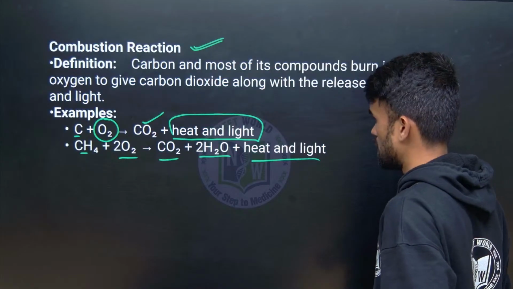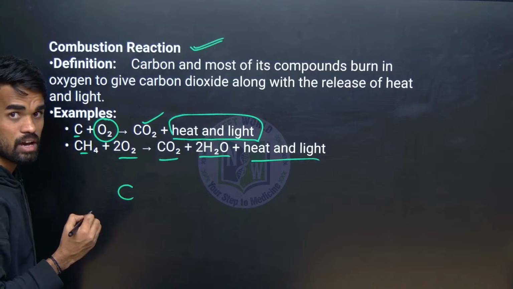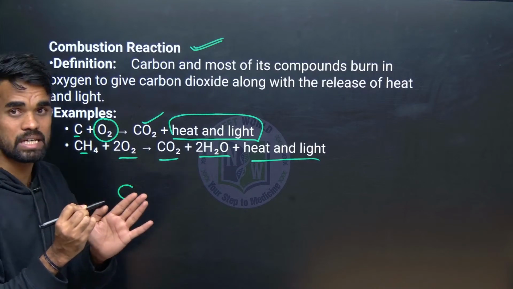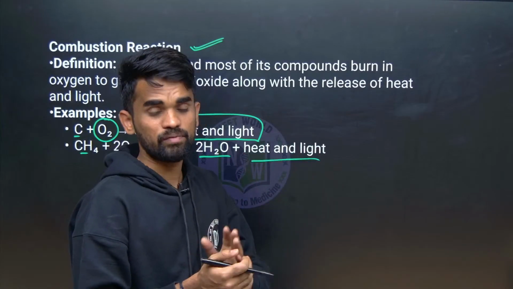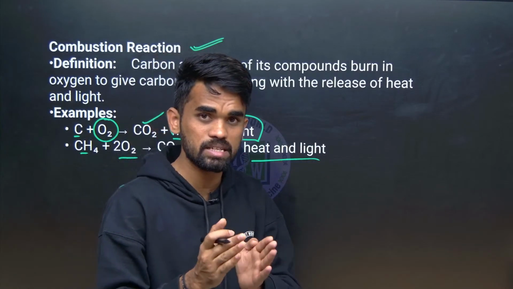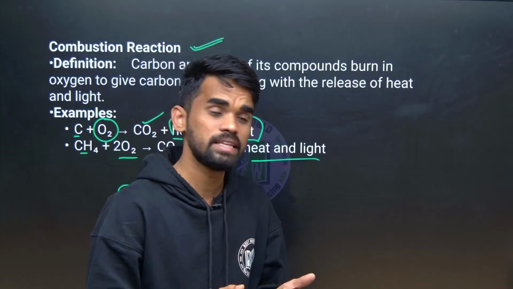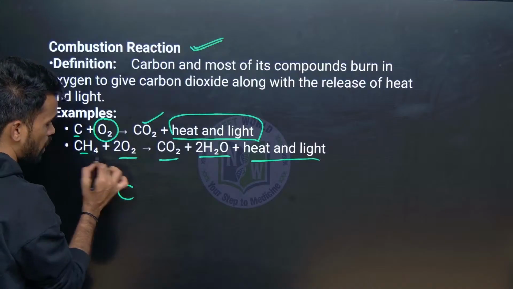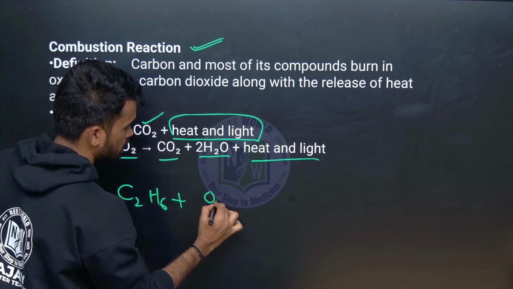Can you write a balanced reaction for this equation which I have explained already in the beginning of the classes? Beginning of the class means, in physical chemistry we discussed some basic concepts, that is the mole concept. There I explained combustion of hydrocarbons. Just balance this equation and tell me your answer in the comment box.